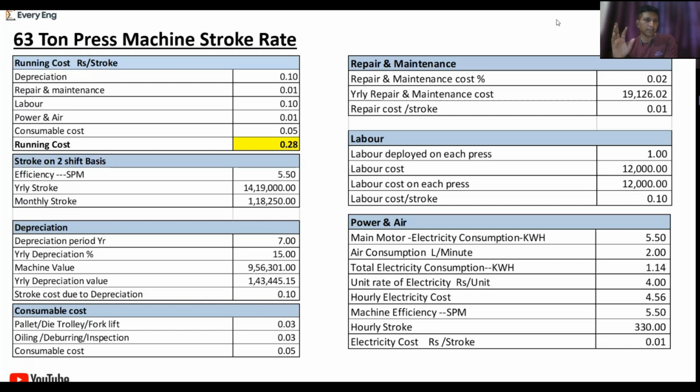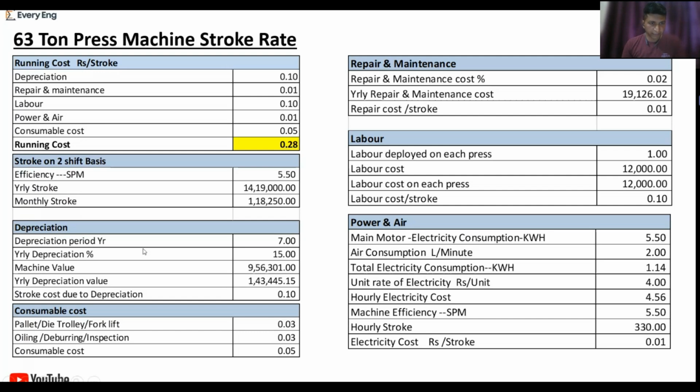So there are five major elements. The first is depreciation. So we calculate the depreciation of the machine.